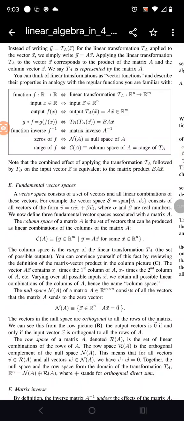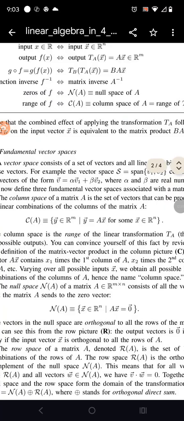We now define three fundamental vector spaces associated with the matrix A. The column space of a matrix A is the set of vectors that can be produced as linear combinations of the columns of the matrix A. So this is the column space coming out of the columns of the matrix A. C of A is the set of y in R to the power m.